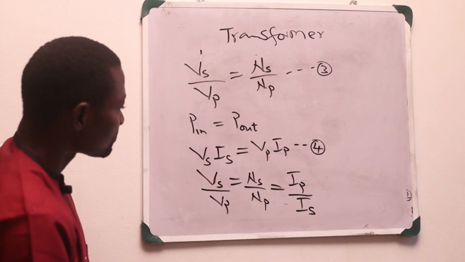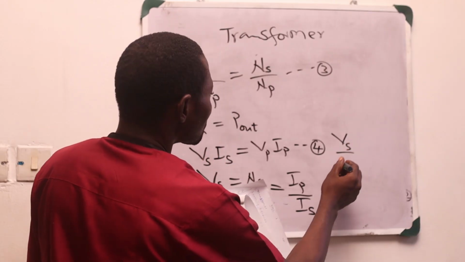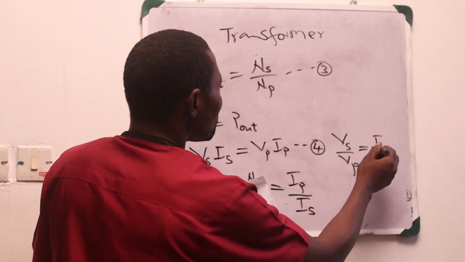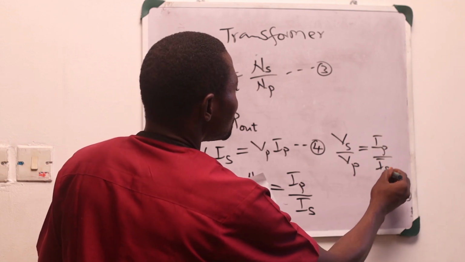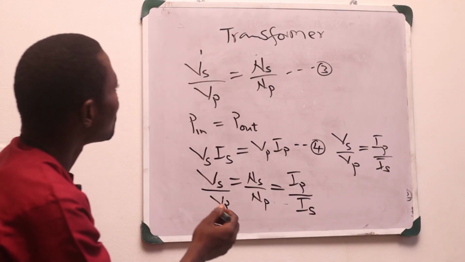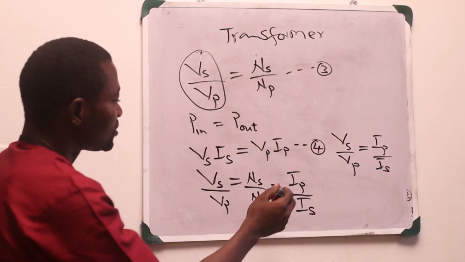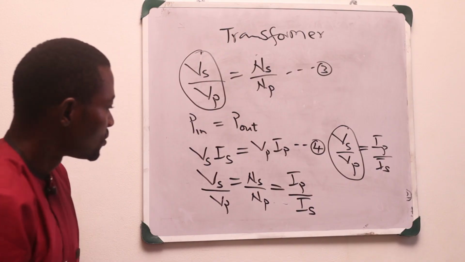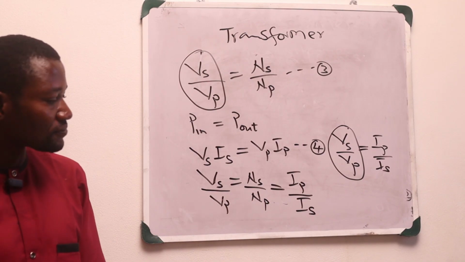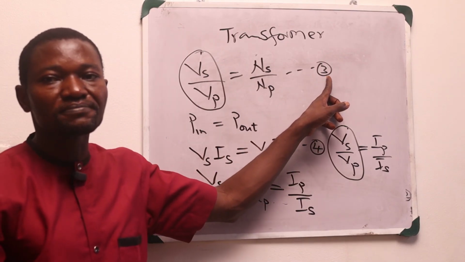From this, if you simplify, bringing the voltages together and the currents together, we have voltage secondary over voltage primary is equal to this, and we also have it here. So we can relate these three parameters together. So we call equation 3 the transformer equation.